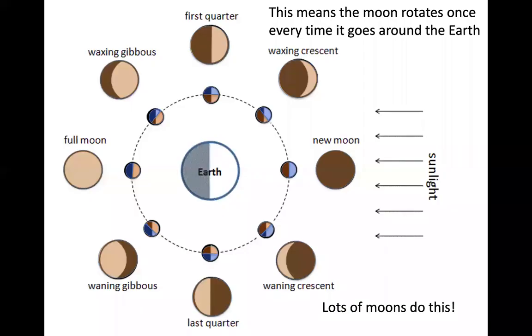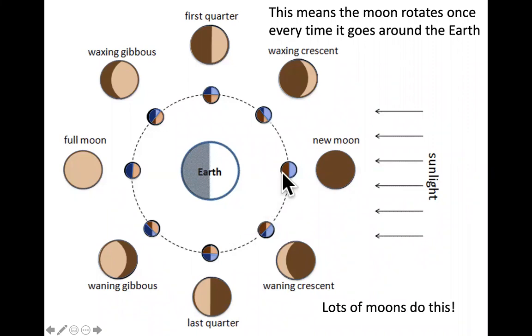This says that the moon rotates in a very peculiar way. Well, it's not that peculiar, but in a very specific way. The side of the moon facing the Earth is always the same, which I'll indicate here with orange. The side of the moon not facing the Earth is indicated here in blue. As we go around, we see that the side that's facing Earth changes.